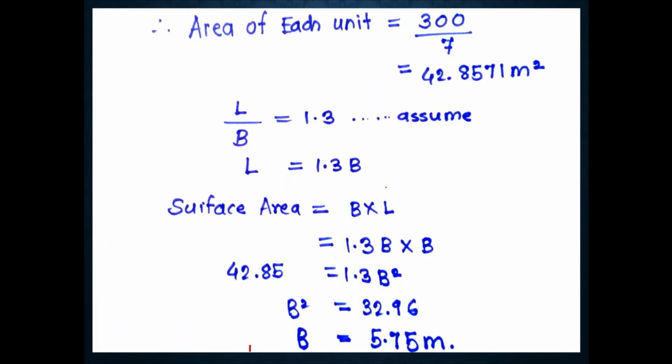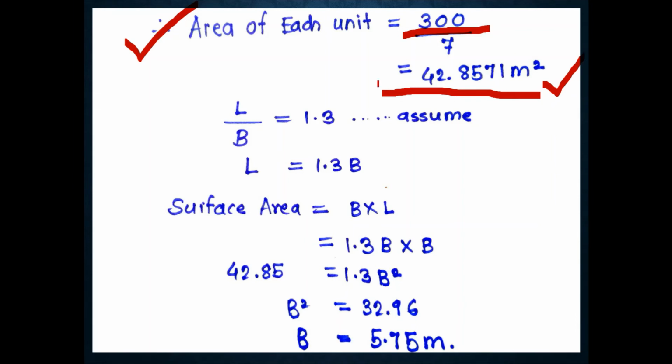Then as 7 units are in working condition, the area of each unit is calculated by total area divided by number of filter beds actually in operation, that is 300 divided by 7. It comes out to be 42.8571 meter square, the area of one single filter unit.